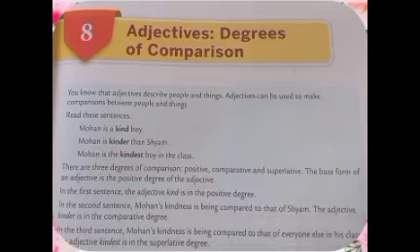And when we want to compare between any two persons, any two animals, any two things, we use the comparative degree. And in the positive degree, no comparison will take place. It is a kind of statement, giving a statement. Okay, did you understand, children?